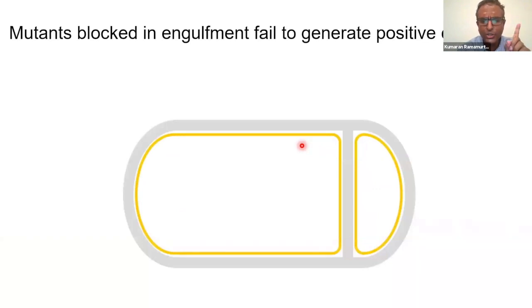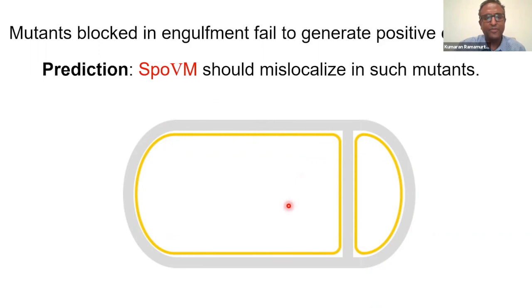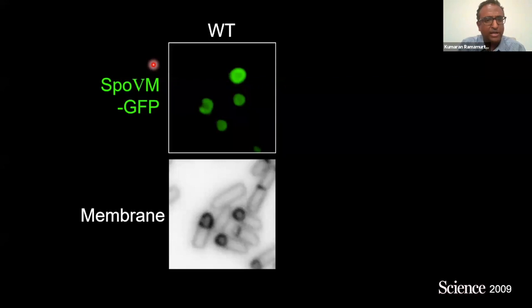But we wanted to go ahead and test this hypothesis. So I'm going to show you one simple experiment initially where we tested this, where we used a previously characterized mutant of Bacillus subtilis that's blocked at this stage of sporulation. So basically the idea here is that there's no convex membrane surface anywhere three-dimensionally, if you imagine this, in this mother cell cytosol. So our prediction is that in this mutant cell, this regular protein should mislocalize to all the available membranes. And so here's what we saw. So this is now in a regular cell.